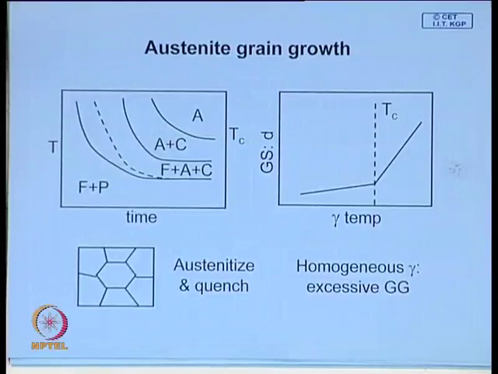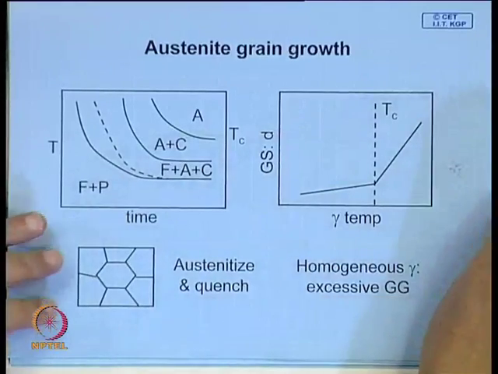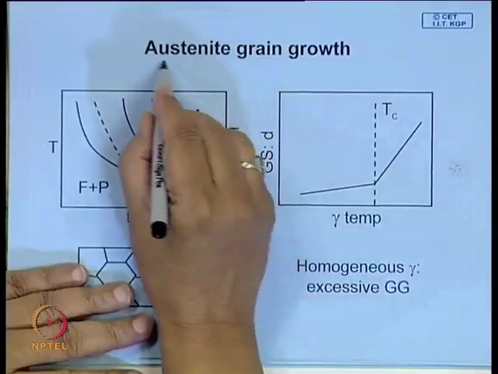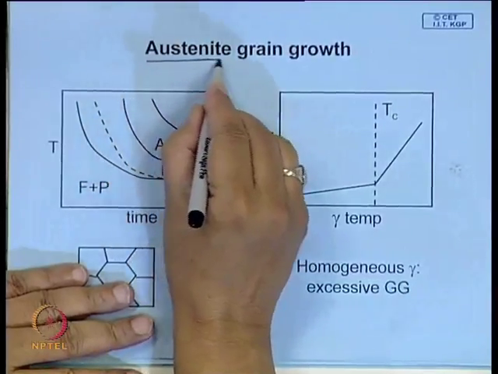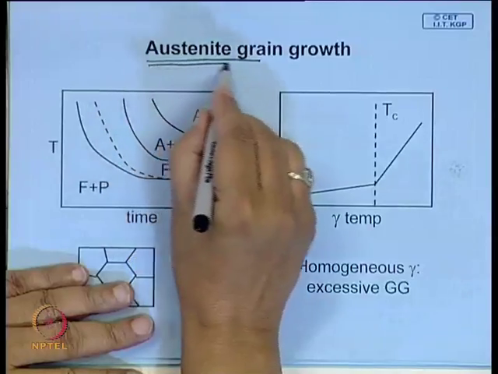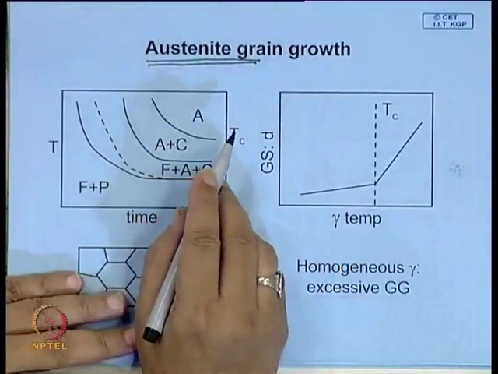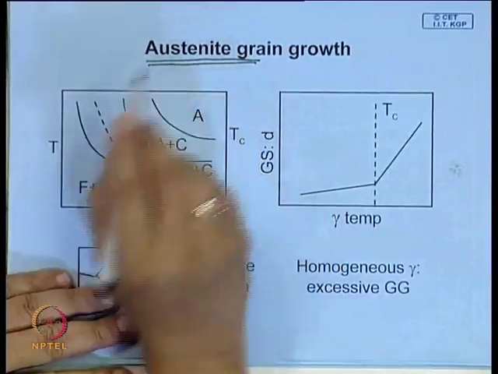Now, next we must look at one of the factors that determines the fine ferrite grain size, the prior austenite grain size. Let us see how we control the austenite grain size. Primarily, all hot working processes are done in the austenitic state.